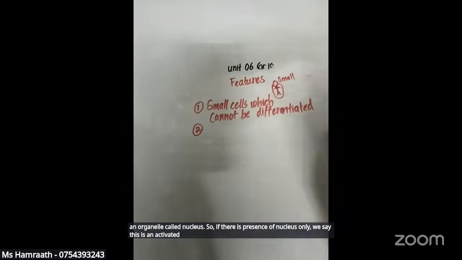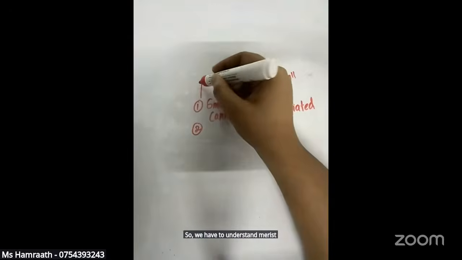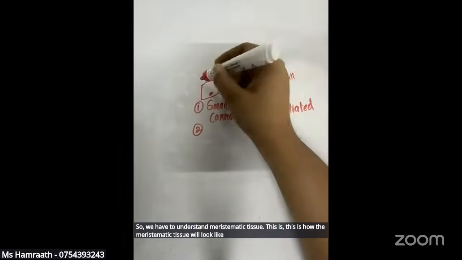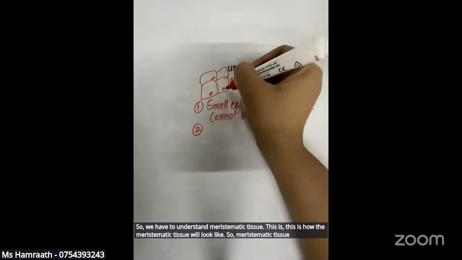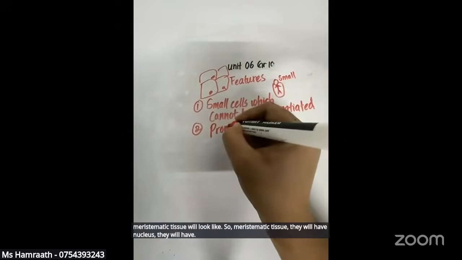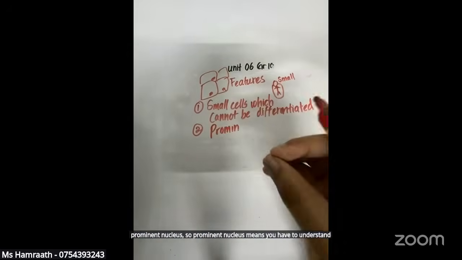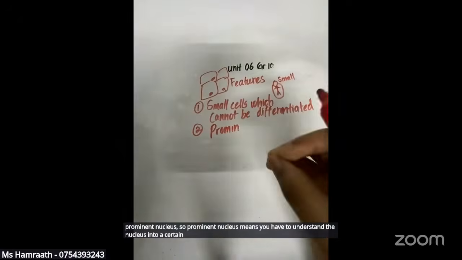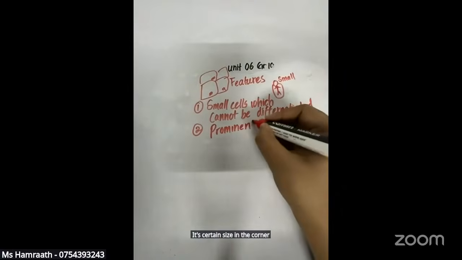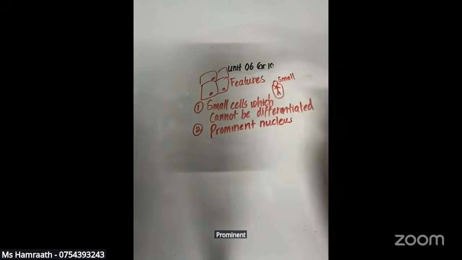So meristematic tissue, they will have a prominent nucleus. Prominent nucleus means the nucleus is of a certain size. So prominent nucleus present.